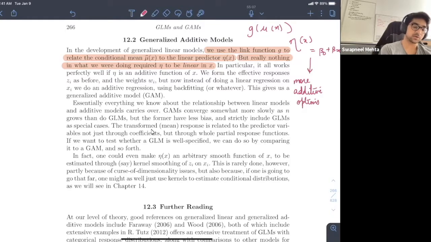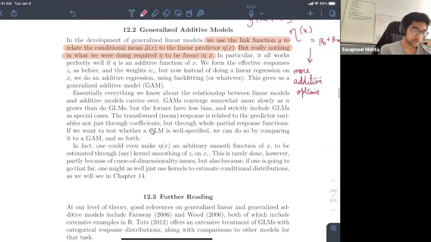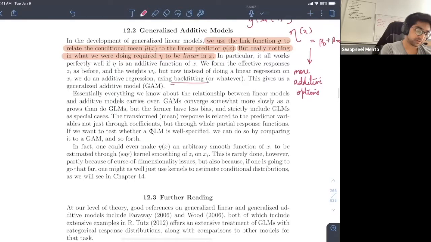And by additive, I would recommend you read back to the chapter about additive models because there is an entire chapter about it. And there are different ways of defining this, including using kernels. We discussed this backfitting idea, but either way, replacing that gives us a generalized additive model. So yes, there are some issues. GAMs converge somewhat more slowly than GLMs, but they have less bias and strictly include GLMs as special cases.